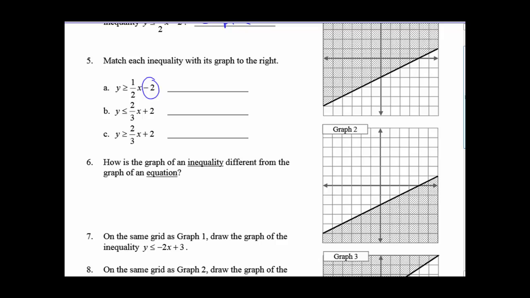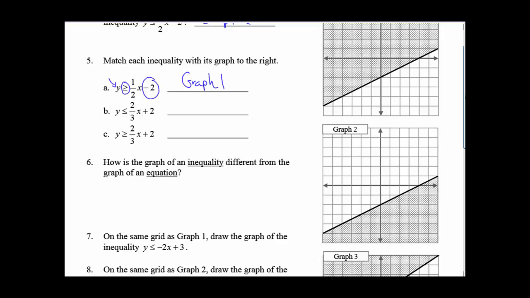That would be graph 1 and graph 2. So it's either going to be graph 1 or graph 2. This time on 5a, we want all the values that are greater than or above the line. So that matches with graph 1.